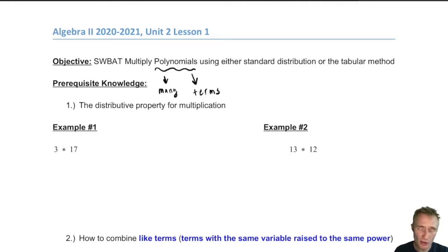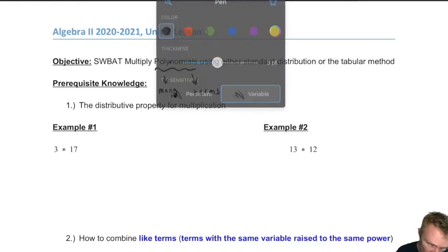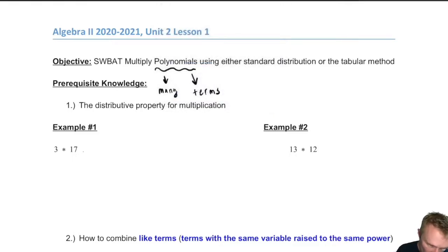So some prereqs that you're going to want for today, because we're going to be multiplying big terms by each other. One thing that's going to come into play is the distributive property. Just a quick reminder of how it works: say you haven't memorized your 17s times table. Maybe you just know 3 times 17 is 51. But something you might do in your head if you couldn't remember is 3 times 10 plus 7.